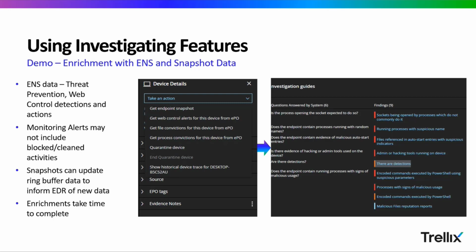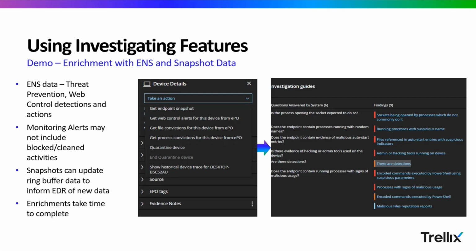So if you do a review at the same time as that monitored threat, depending on when that threat was recorded and whether it brought in the information about the ENS detection, sometimes that might not be in that particular alert. In this case, if you want to bring in that information and you're seeing in ePO that at the same time the alert occurred something was done to that system to block it, then this will bring that into the investigation and create an investigation guide and a finding associated with that.